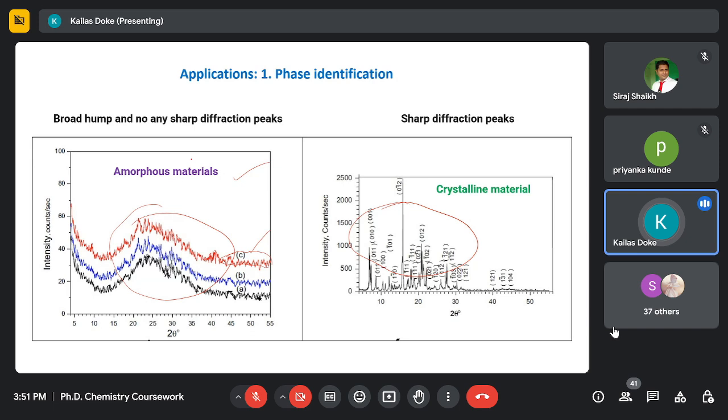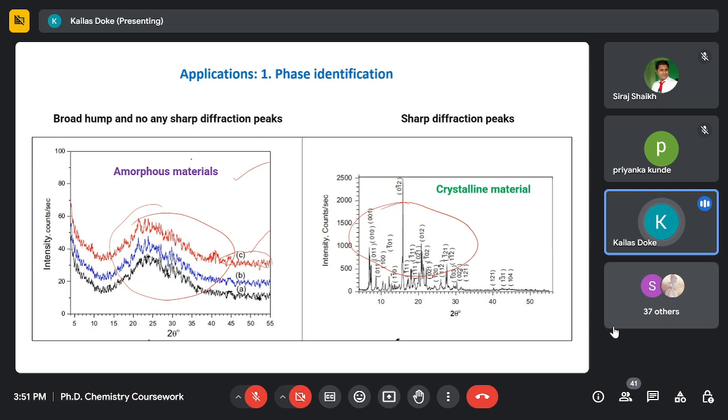If the signal to noise ratio of the instrument is greater than 2 to 3, you will definitely get the crystalline material with sharp diffraction peaks. Okay? Any doubts about the difference between crystalline and amorphous substances, students? No, sir.